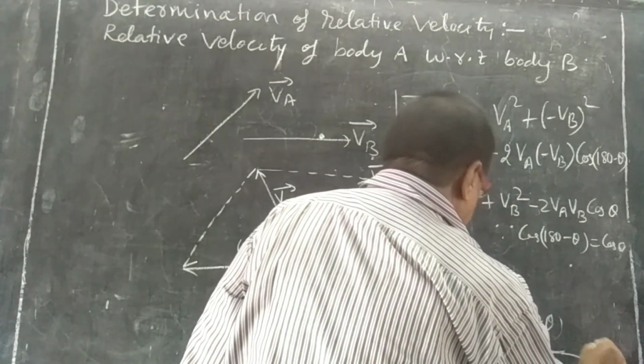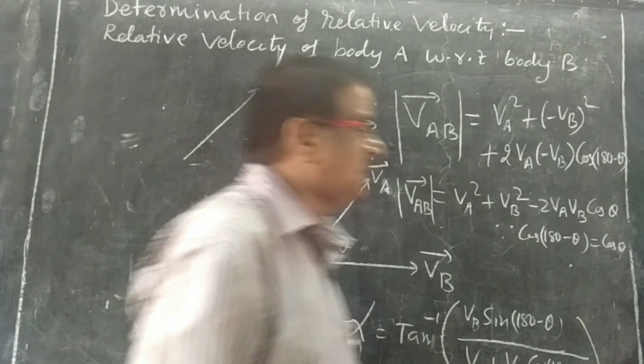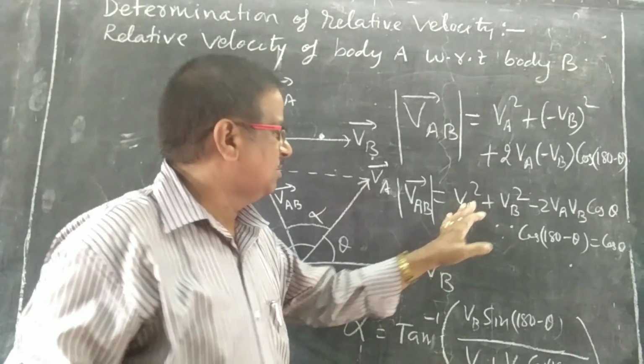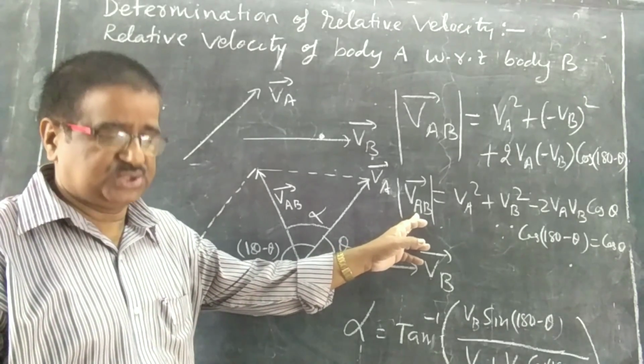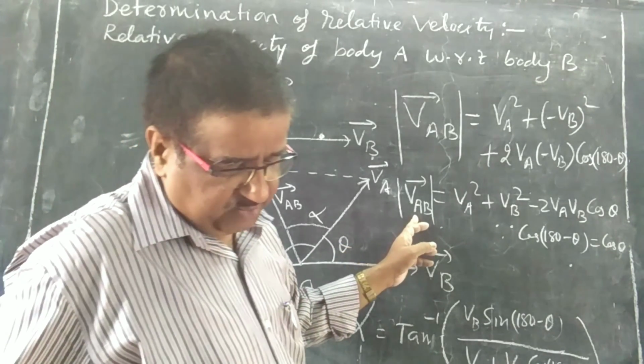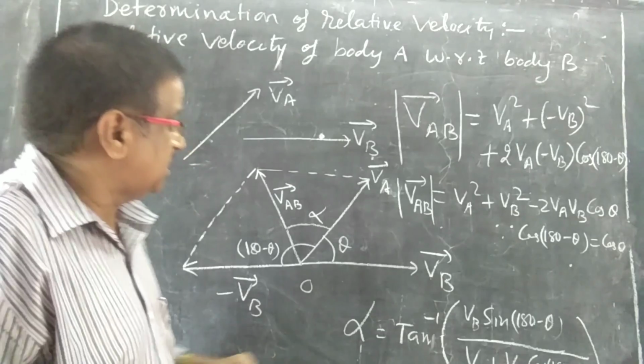This will be used here. So this is the direction and this will be the magnitude of the relative velocity. This will be the magnitude of relative velocity and this will be the direction.